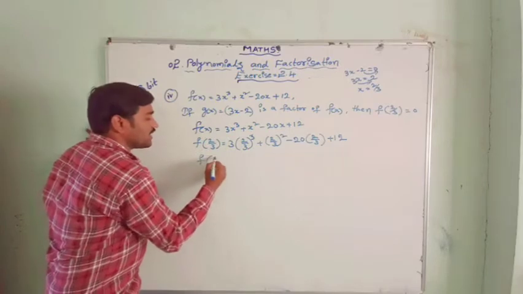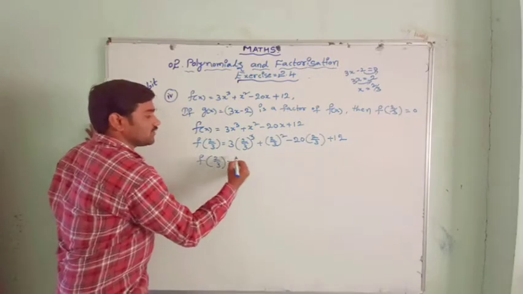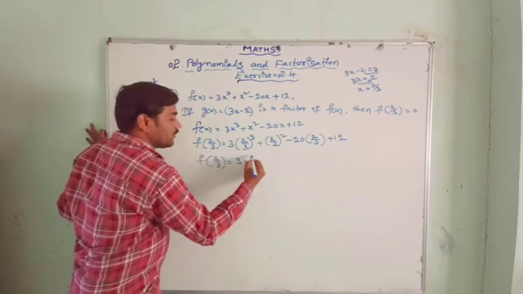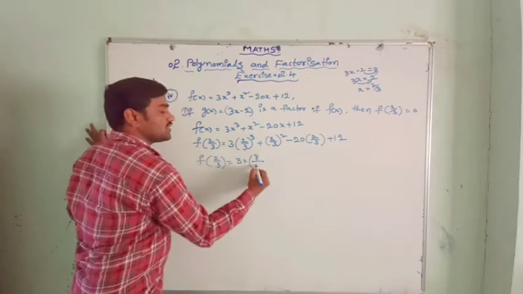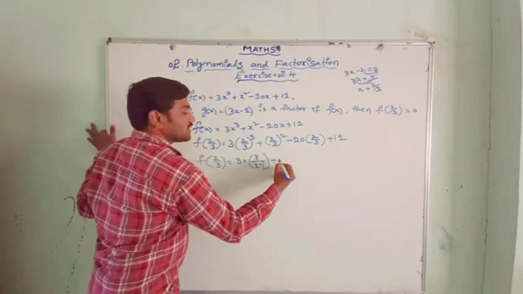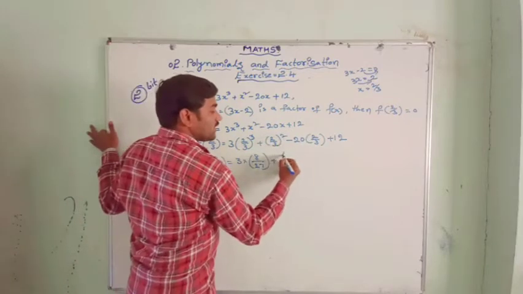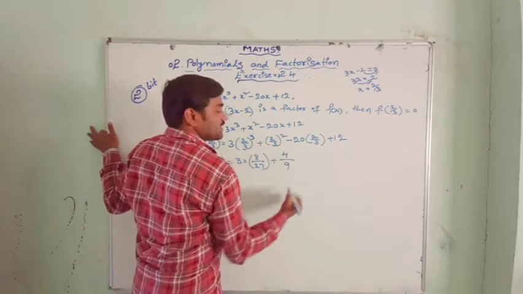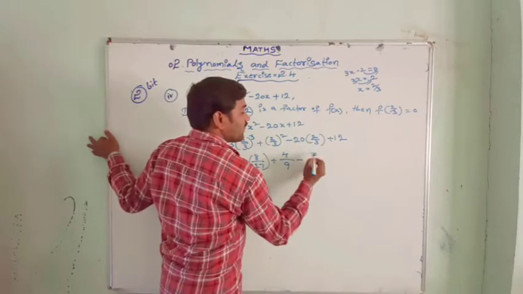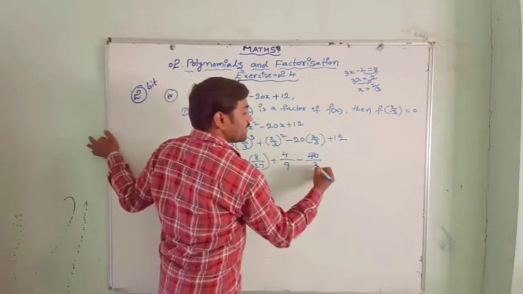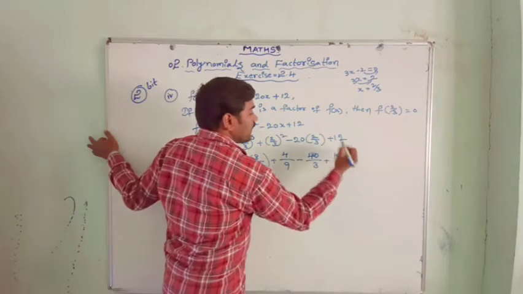Let us find f of 2 by 3 equals 3 into 2 cube is 8 by 3 cube is 27, plus 2 square is 4 by 3 square is 9, minus 20 into 2, that is 40 by 3, plus 12.